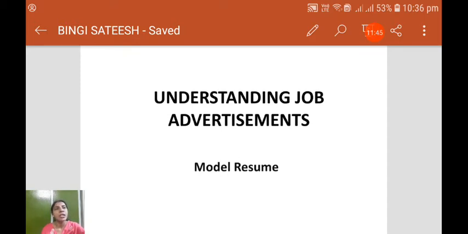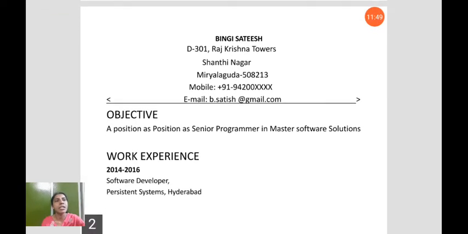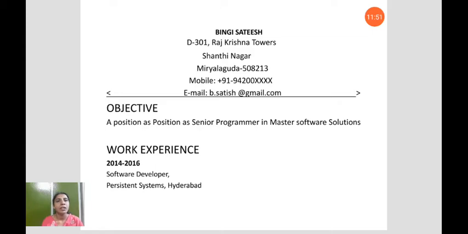Now let us look at the first one. This is the first slide. See how I am writing. This is not the standard format, but this is one accepted format. You can make your own format provided that all the sections I have told you are covered.